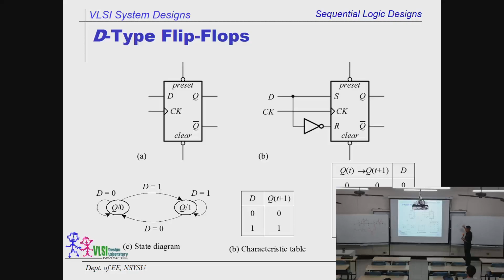This is called the output. So when you see the operation like this one, when this is 0, output is 0. Input, output, and this is the state.